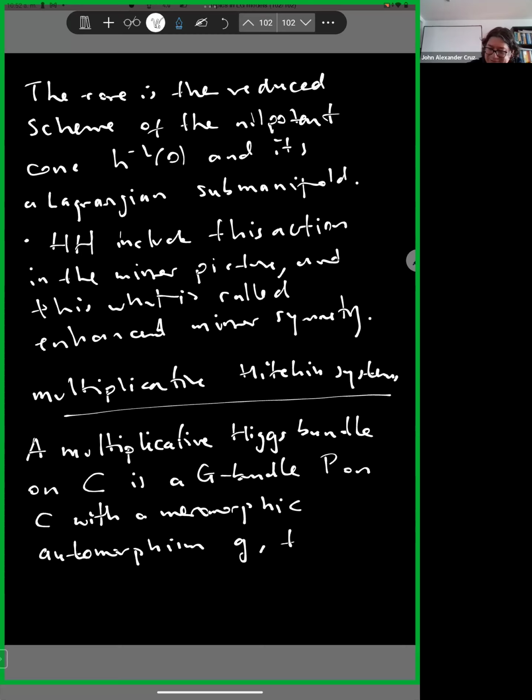So what does it mean? What is the difference between this and the usual Higgs bundle?